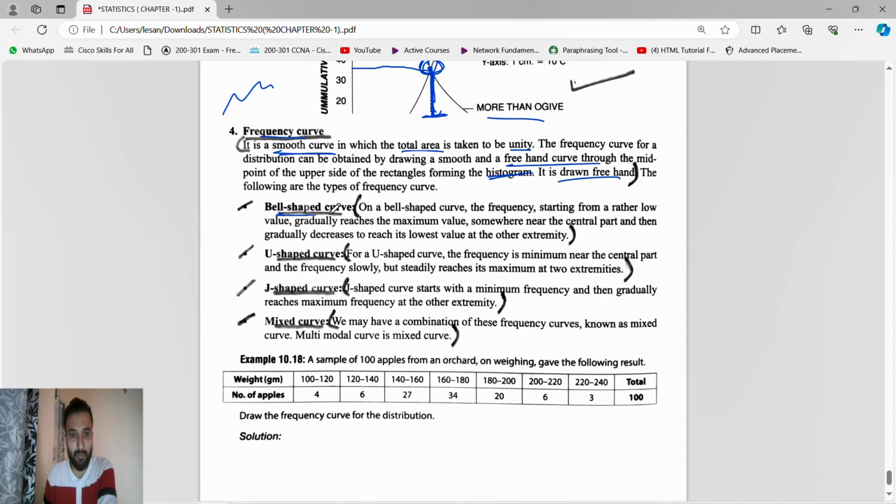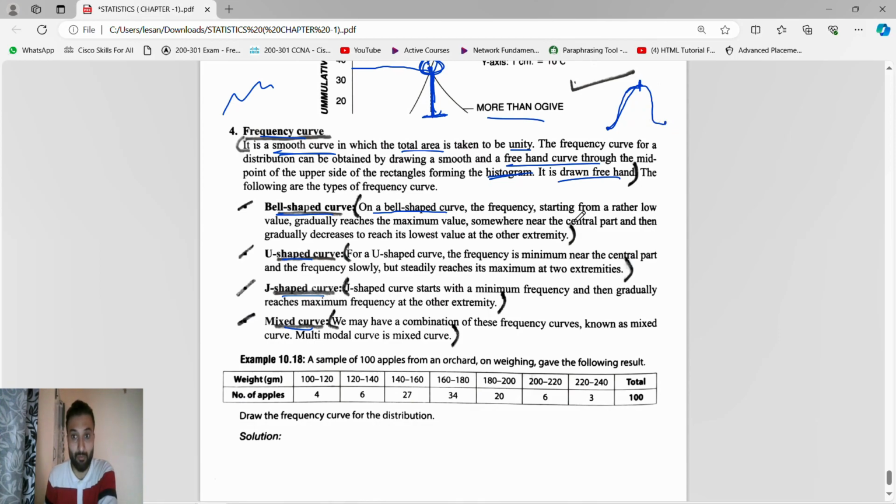Now remember the thing: bell-shaped curve, U-shaped curve, J-shaped curve, mixed curve. Bell shape means, see this bell shape. On a bell-shaped curve, the frequency starts from a lower value and gradually reaches the maximum value somewhere near the central part, and then gradually decreases to its lowest.